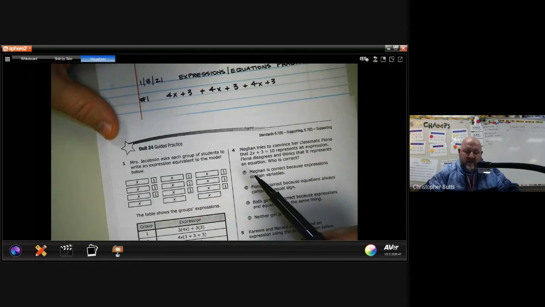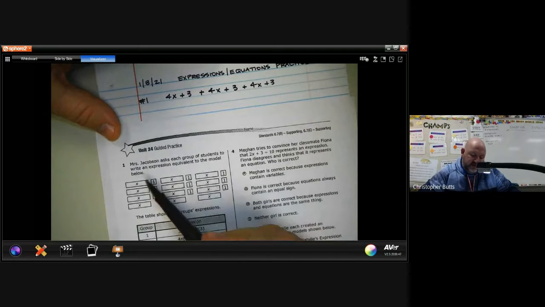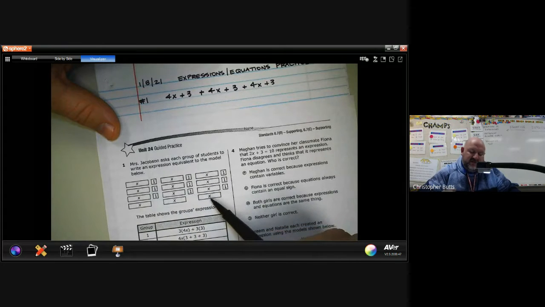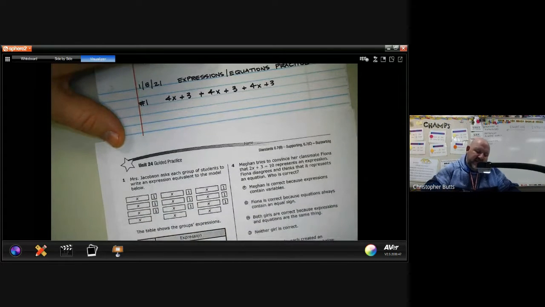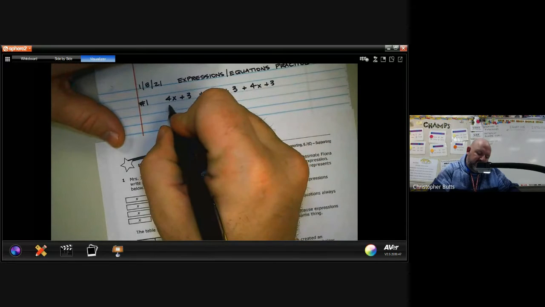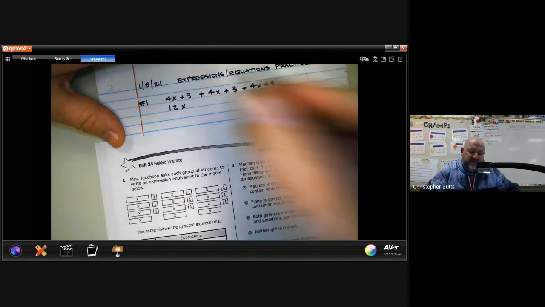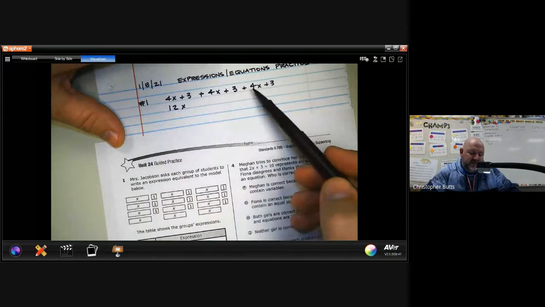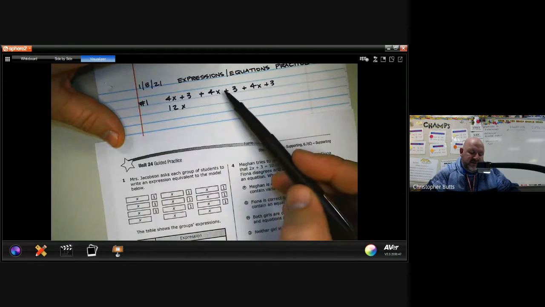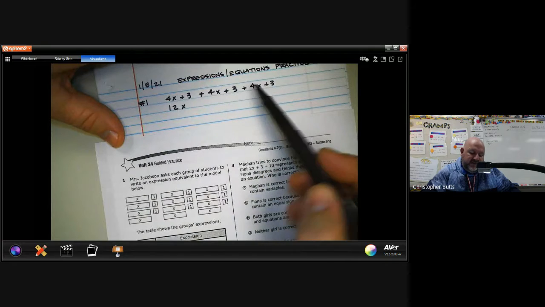We could count all of the x algebra tiles. And if we did that, we could say, all right, there's 1, 2, 3, 4, 5, 6, 7, 8, 9, 10, 11, 12 x's. 12 times we counted an x. So we could say 12x. And if you look up above, you can see where that comes from. 4x plus another 4x is 8x, and 8x plus another 4x would be 12x.